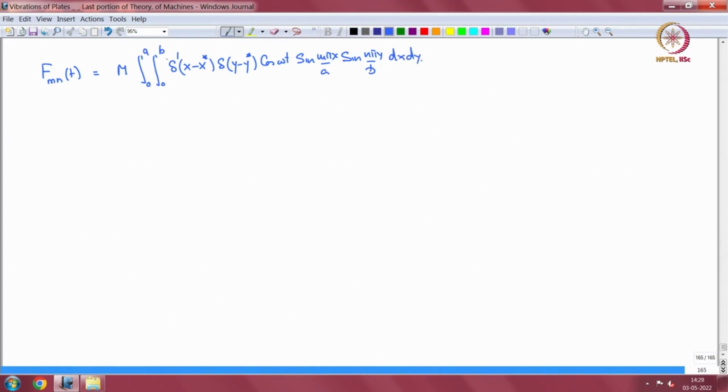So let me close it here, I think, yeah. So plus delta dash y minus y star, delta x minus x star, sine omega t, sine m pi x by a, sine n pi y by b, dx dy, divided by rho h nmn, so 4 rho h ab.